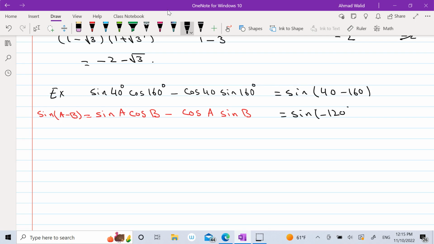Based on the odd functions, I know sine of negative 120 equals negative sine of 120. Correct? 120 is in our unit circle, and the sine of 120 is radical 3 over 2. Final answer.